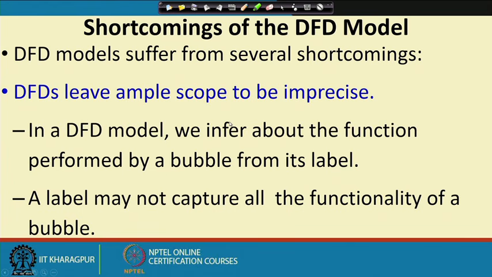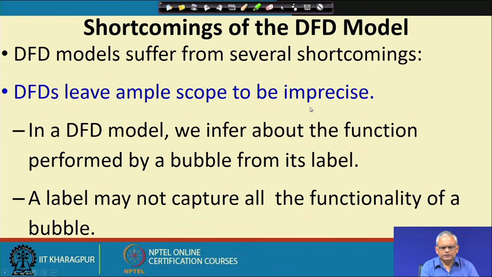The first difficulty is that here the functions are only identified by the names written on the bubble, and therefore, it can be very imprecise. Just by looking at the label, we have to infer what all is involved in the function, and therefore, many things will remain ambiguous and incomplete.